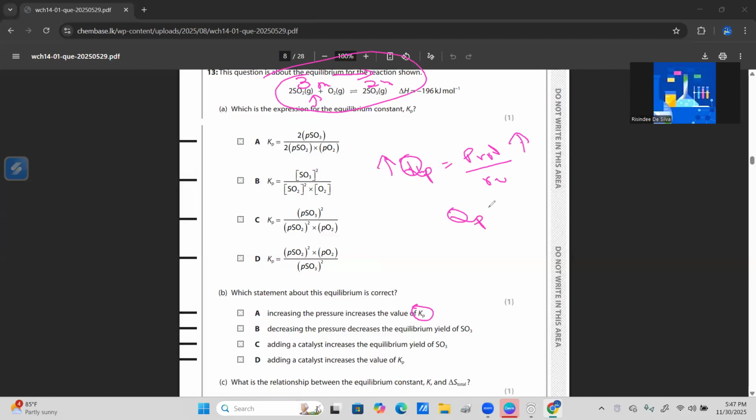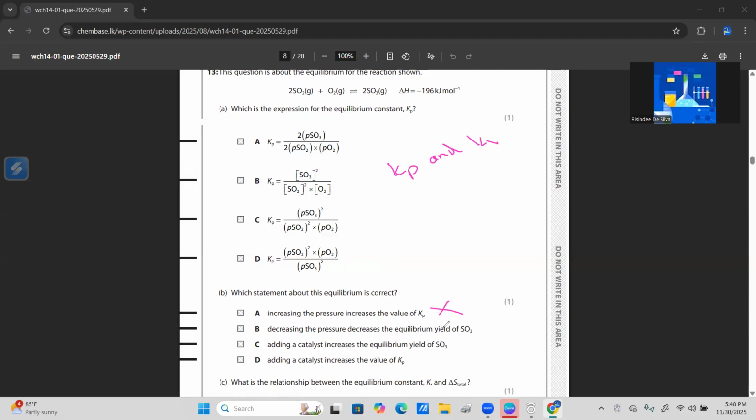So Qp will finally become Kp. Therefore, there's no change when we increase the pressure, the concentration, or when we add a catalyst. Kp and Kc depend only on temperature changes. Therefore, nothing will happen.